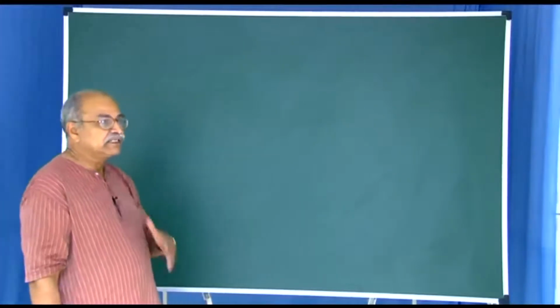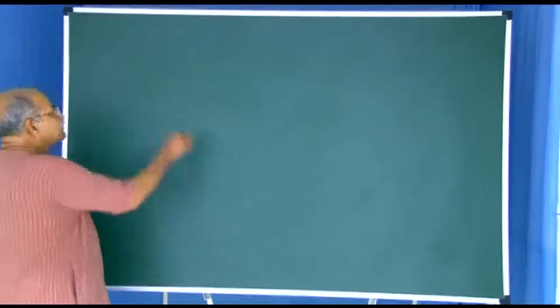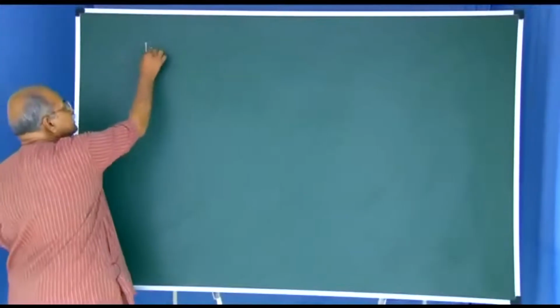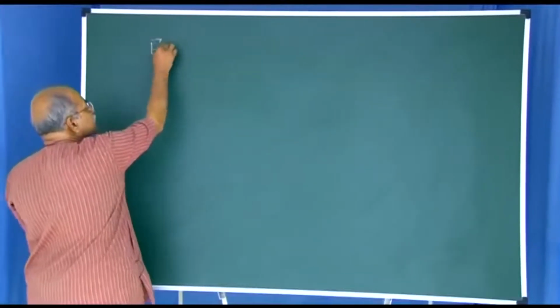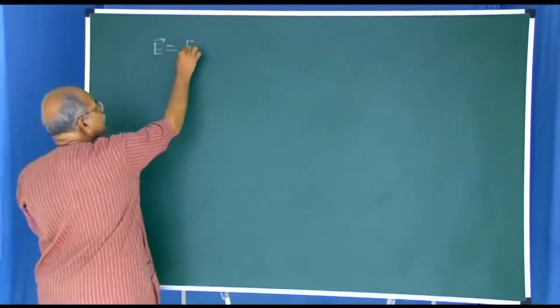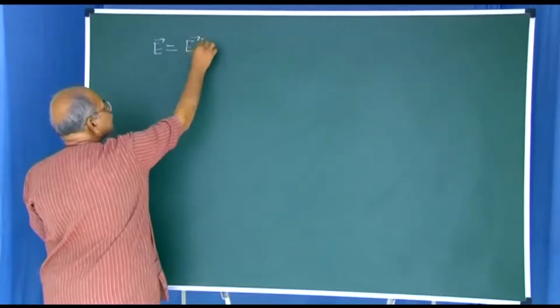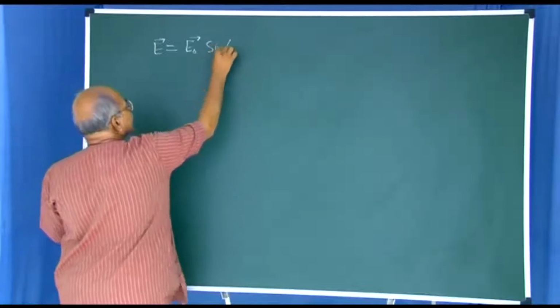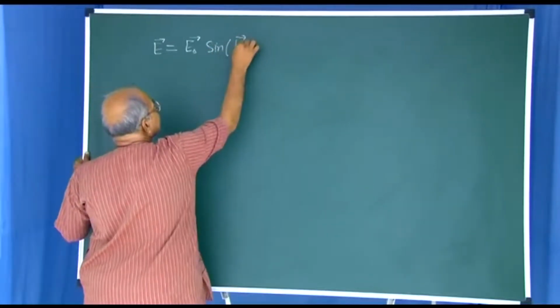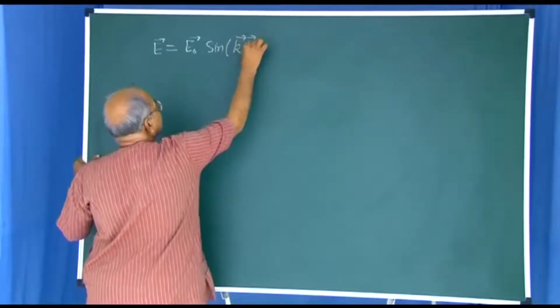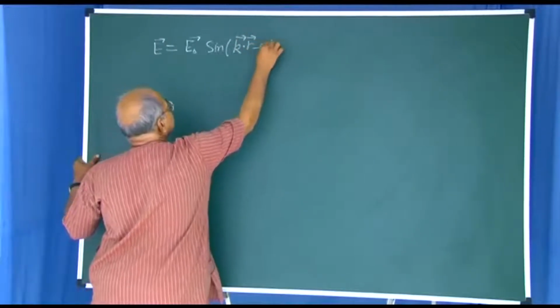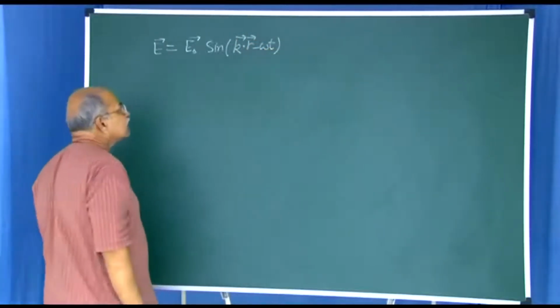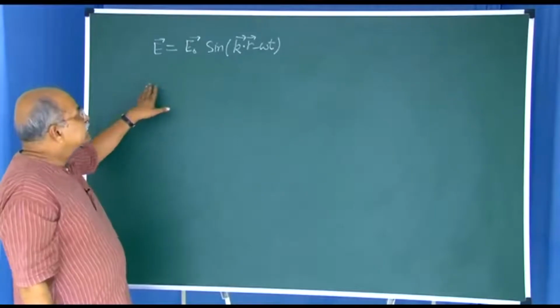And if you write an equation for that, electric field you can write as E equals some E naught in some direction, and then sine or cosine, and K dot R minus omega t. And what are all these things?